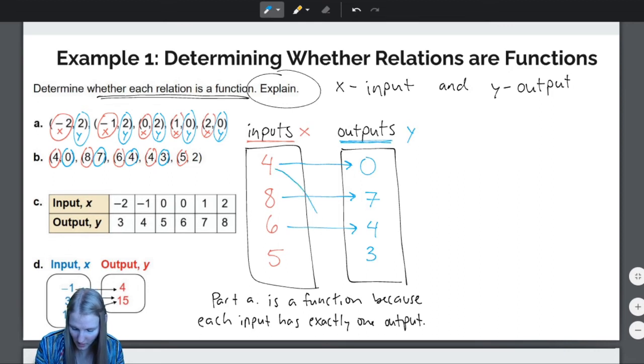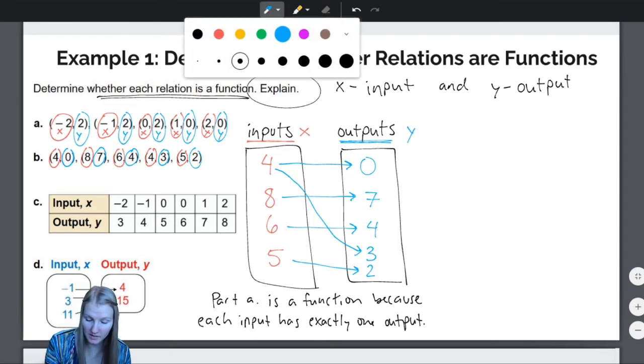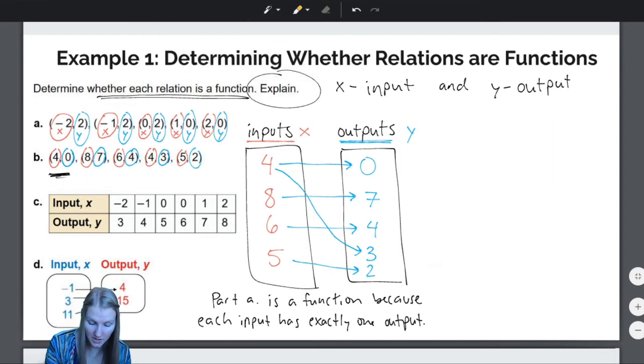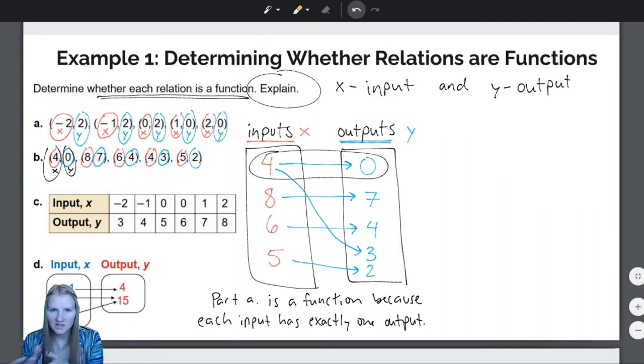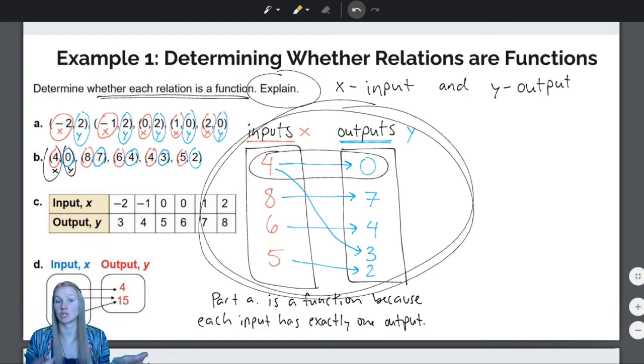Okay, so 4 also goes to 3, and 5 goes to 2. So notice how each pair of numbers, each point with the x and the y, the x points to the y. So x is 4, y is 0, and the 4 points to the 0. So that's how we're making these diagrams right here.